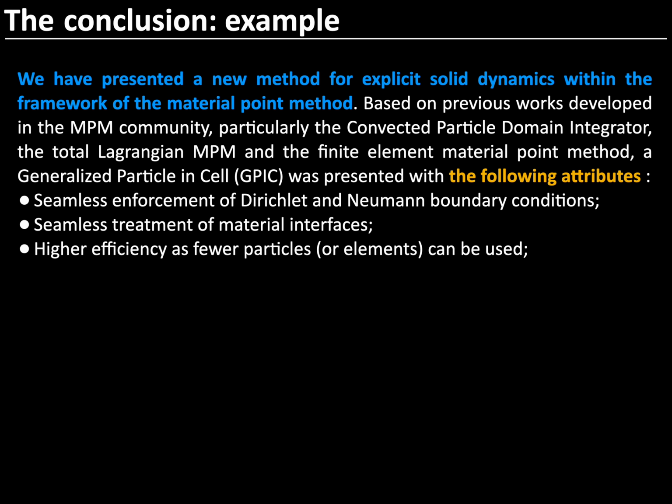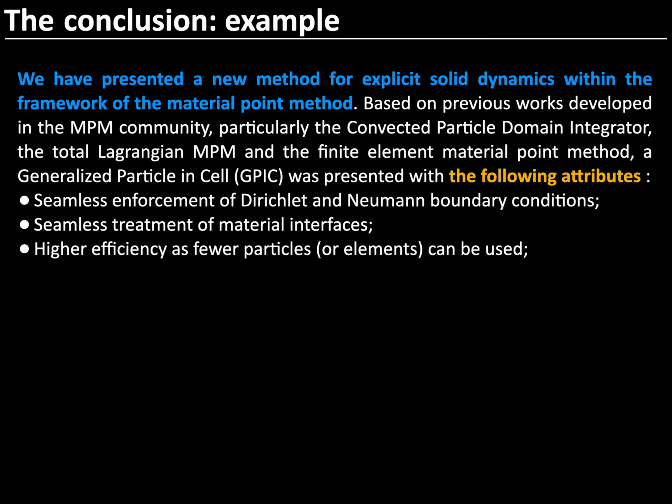And then the next is, you see, a list of the key highlights. So what are the attributes of the method that we introduced? Seamless enforcement, blah, blah, blah, seamless treatment, blah, blah, blah. Make it clear like this, bullet points like that. Okay, so the first sentence says what you did.